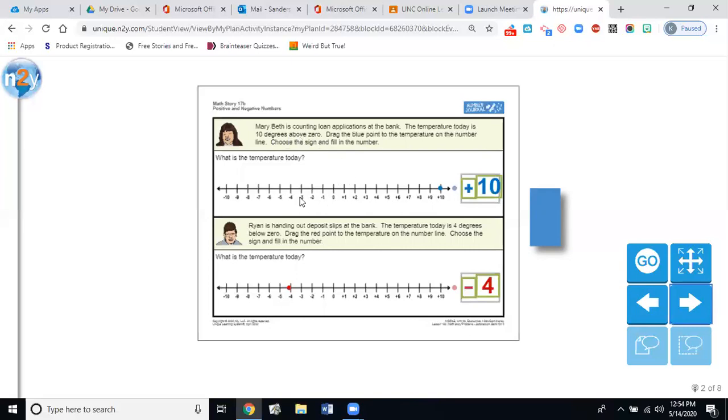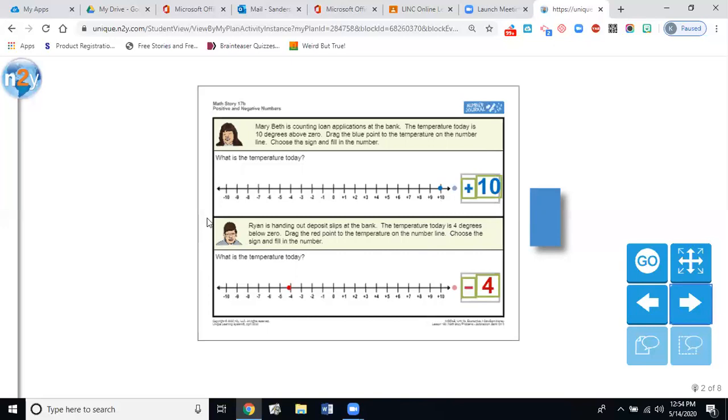The negative numbers would be below 0, and everything with the positive number would be above. So starting at 0, let's count to 10. 1, 2, 3, 4, 5, 6, 7, 8, 9, 10. And that puts our dot here at positive 10.